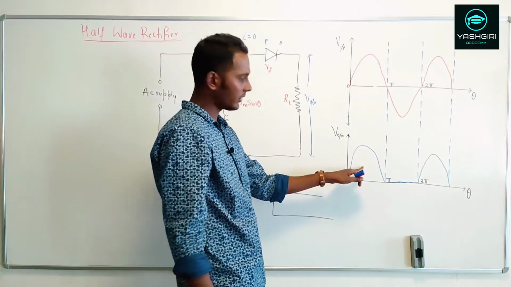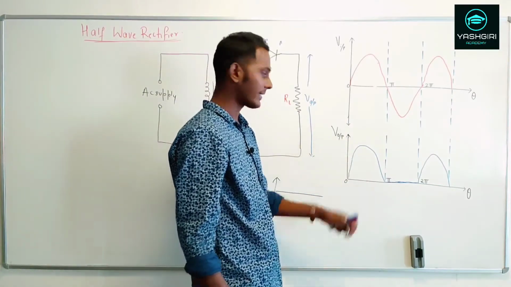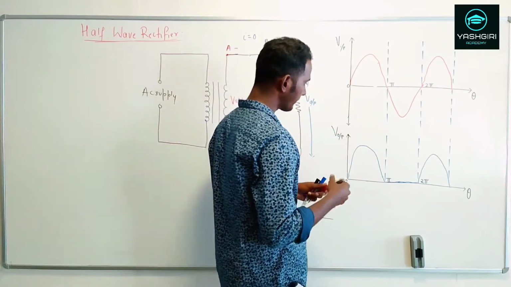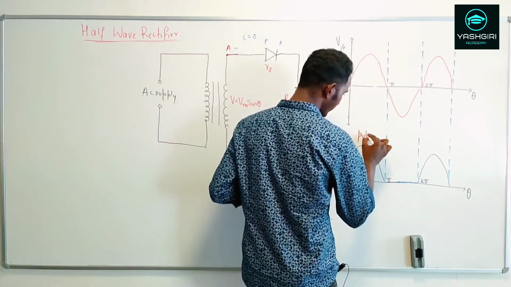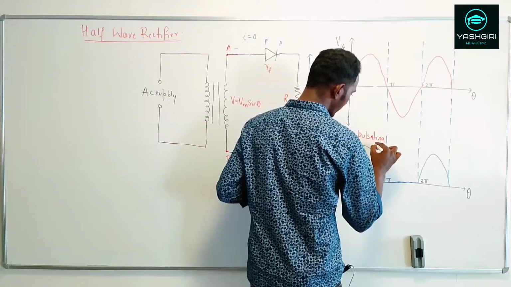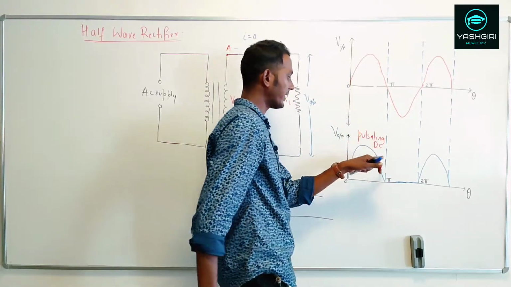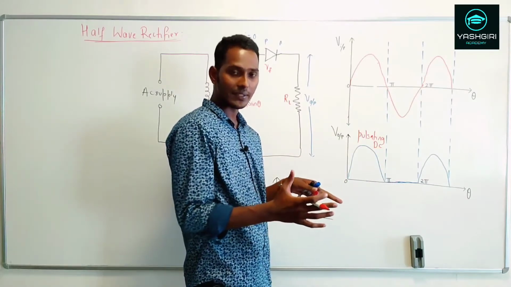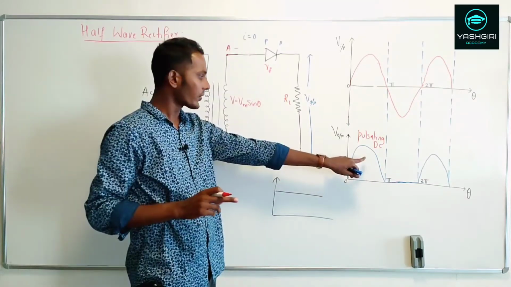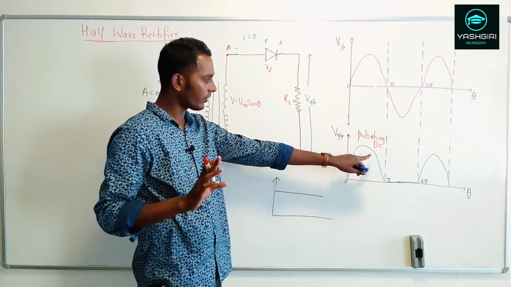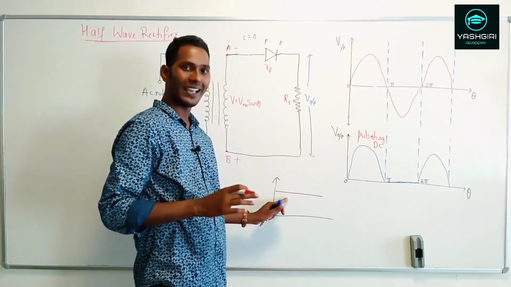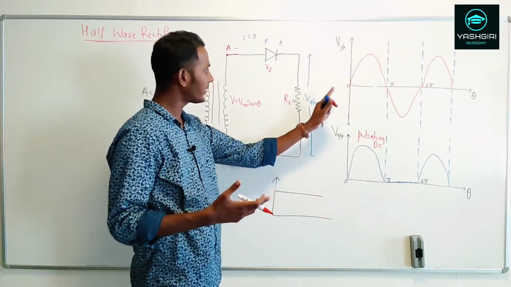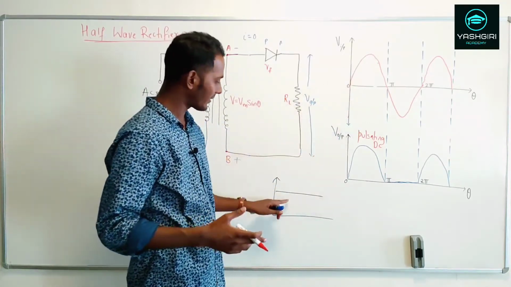This is not a pure DC, but this is called a pulsating DC. Pulsating DC in the sense it's a mixture of both AC as well as DC components. So this is not a big problem. We can make this a pure DC with the help of more filters and some regulated circuits. We can attach them at the output side and then we can get this flat line.